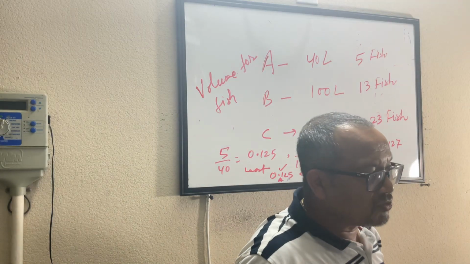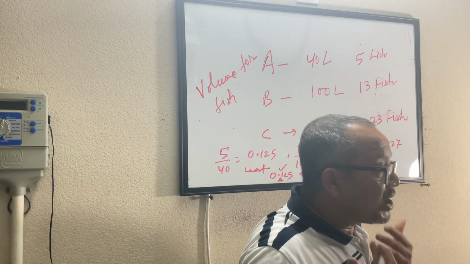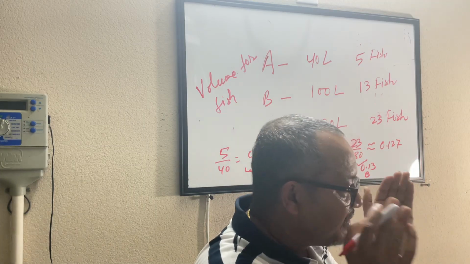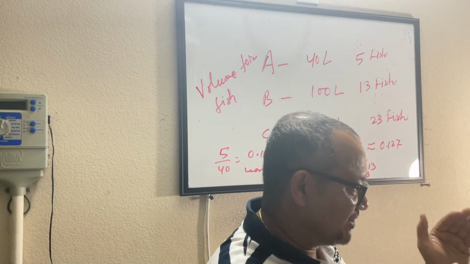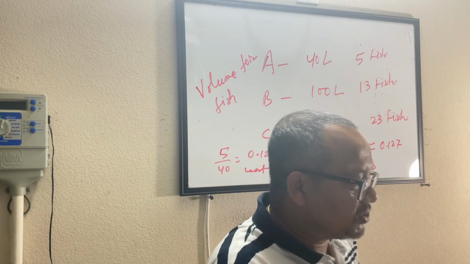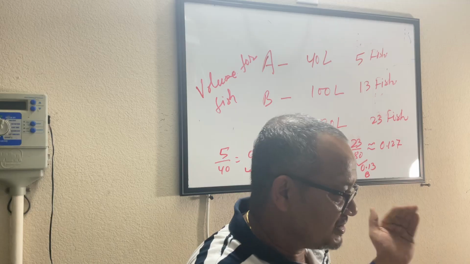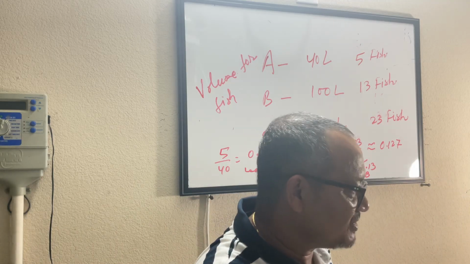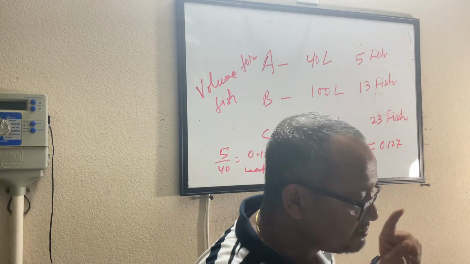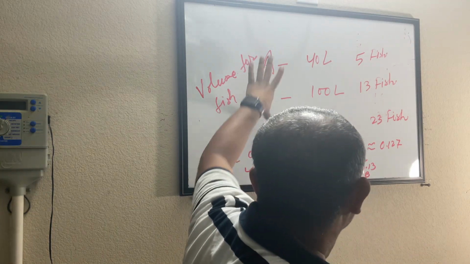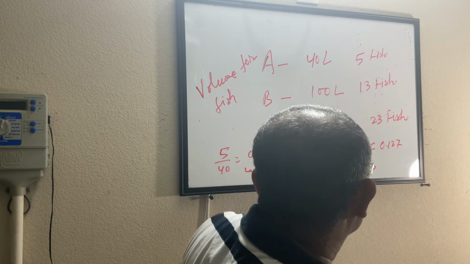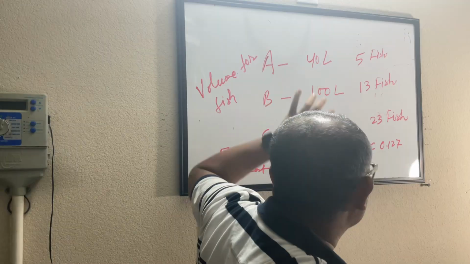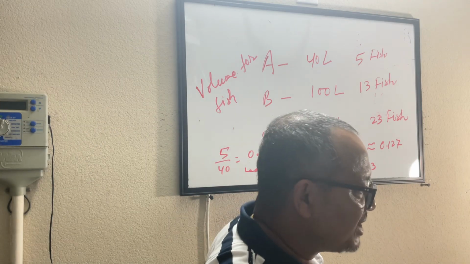What she was trying to do was find out volume per fish, meaning how much water she would need per fish, so that she doesn't put the fishes in a squeezed tank or misuse a large tank for a small need. From these 3 tanks, she was trying to find the volume per fish for each tank and then arrange them.